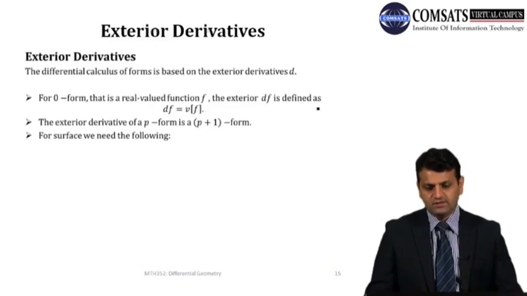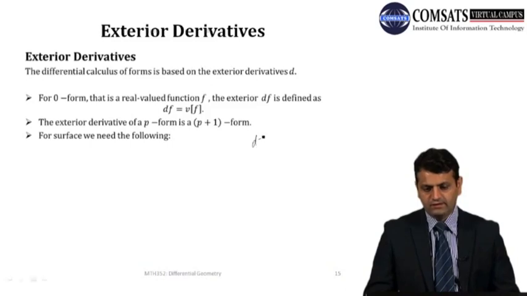So basically हमने exterior derivative define किया था और हमने ये कहा था that for any real valued function f, the exterior derivative applied on any vector v is basically the directional derivative of the function in the direction of that vector v.